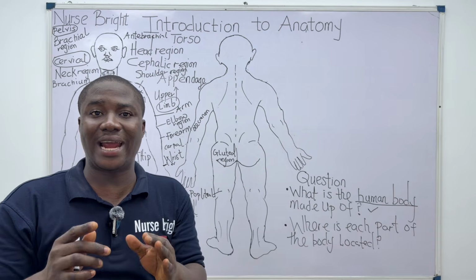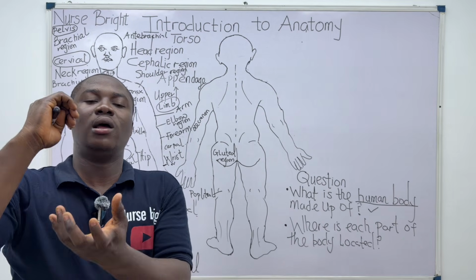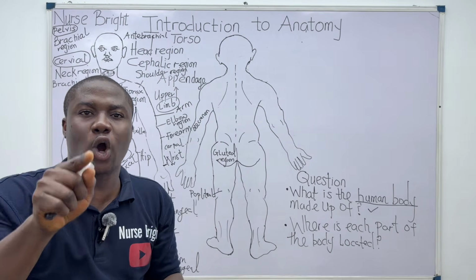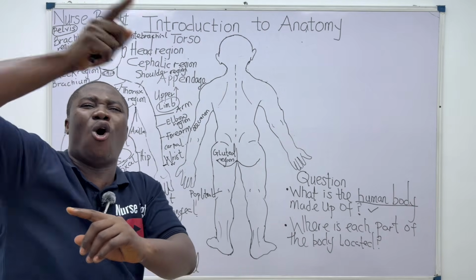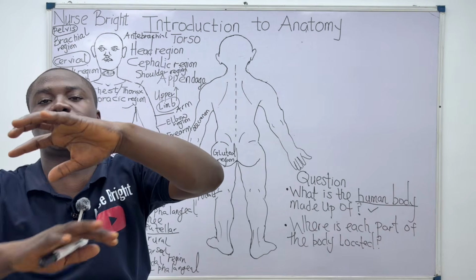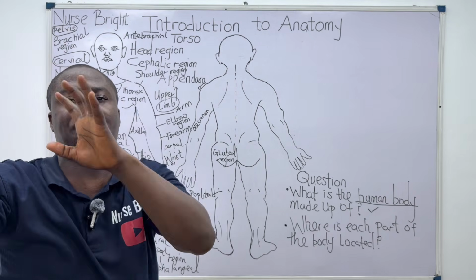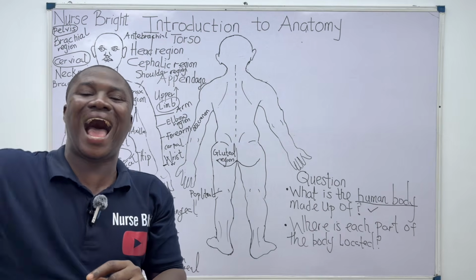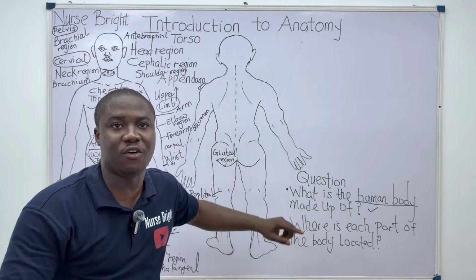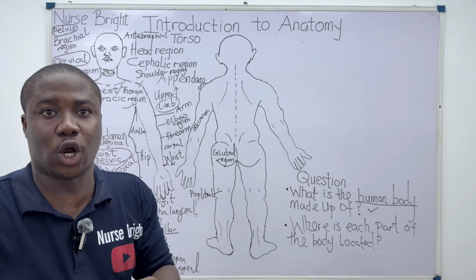So what will happen right now? I'll be giving us some likely exam-based multiple choice questions based on all I've explained so far: the introduction to anatomy, the definition of anatomy, the question of what the human body is made up of, and the regions of the body.